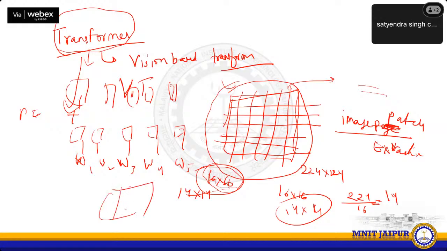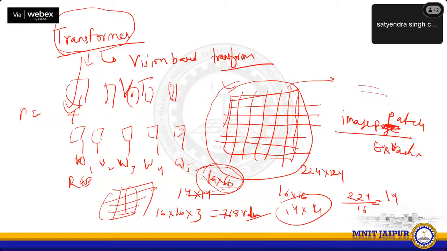So we have a 16 cross 16 patch, and we have many such patches. If instead of a grayscale image you have a colored image, then you will have RGB channels. So you will have 16 cross 16 into 3, which is how many? 768 values. Right? Yes.